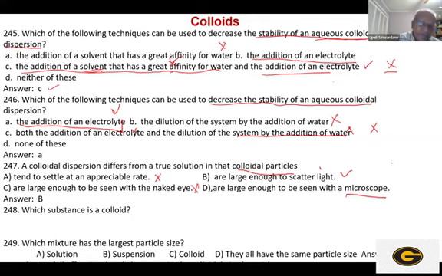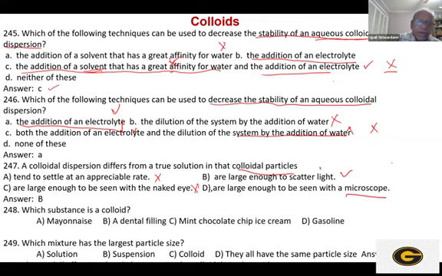What substance is a colloid? Manganese is, we talked about this, a colloid. Dental filling is a solid in a solid. They are different. Metallic solids are not considered colloids.